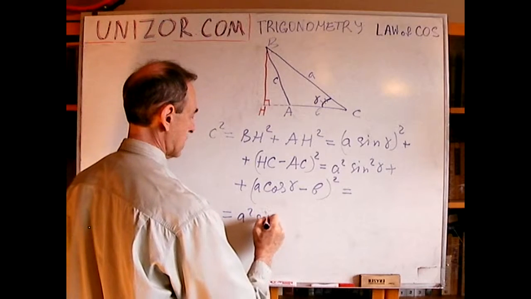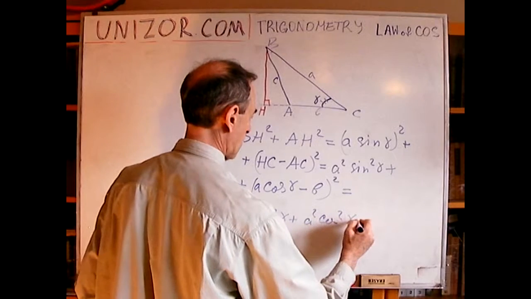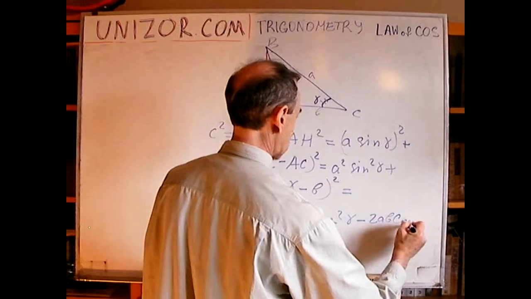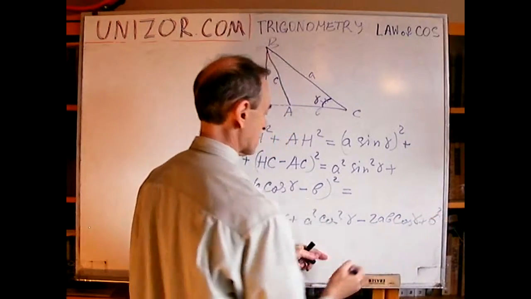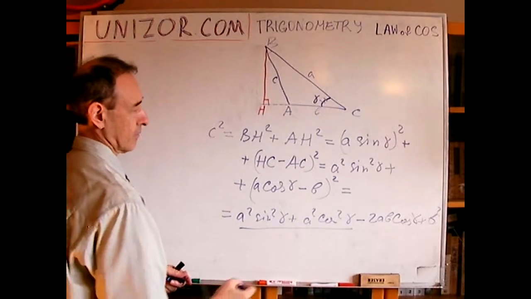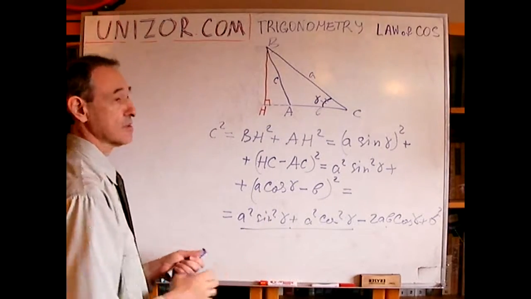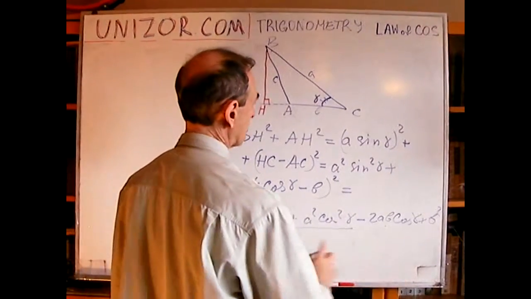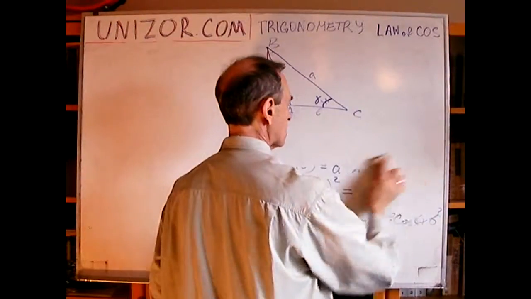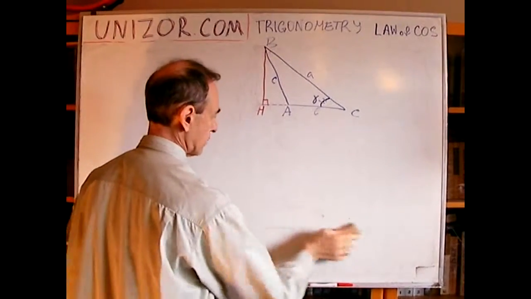A squared sine square gamma plus A squared cosine square gamma minus 2AB cosine gamma plus B squared, which is exactly the same thing, because this is equal to A squared plus B squared minus 2AB cosine gamma. So this is a simple case, as we see. It's exactly the same basically as before. But we did have to consider it because the drawing is different and our relationship between sides is different.